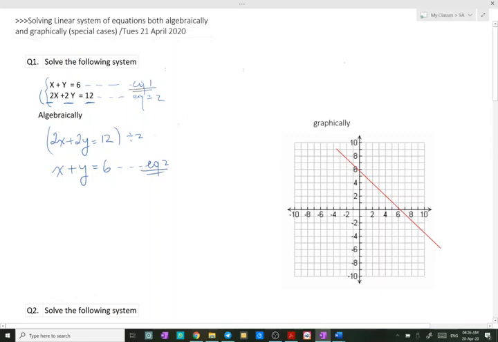If we look at equation 2 and equation 1, they are the same. Once we have this case, we can conclude that we have an infinite number of solutions for this system.